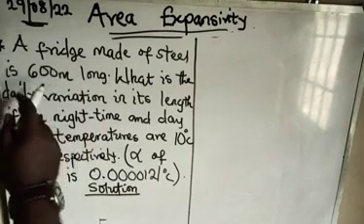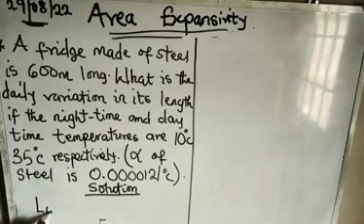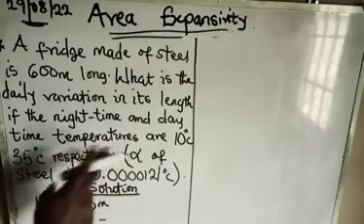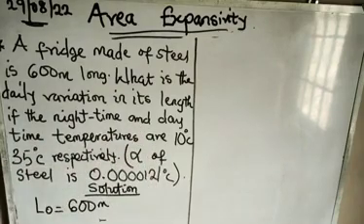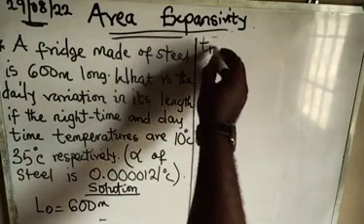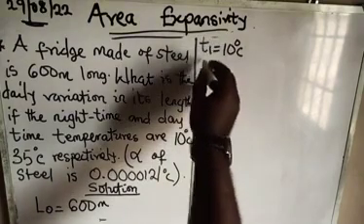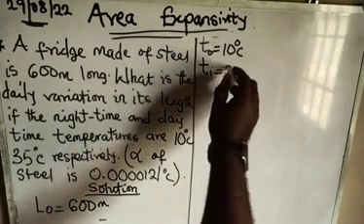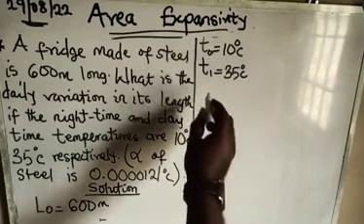We have our original length, L0, equal to 600 meters. This is a question involving linear expansivity now, not area. And then what else was given to us? The temperatures: our T0 is equal to 10 degrees Celsius, and our T1 is equal to 35 degrees Celsius, and our alpha.